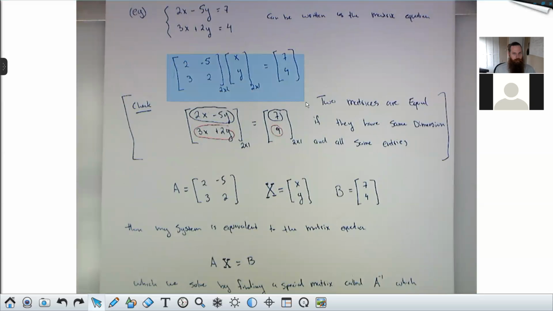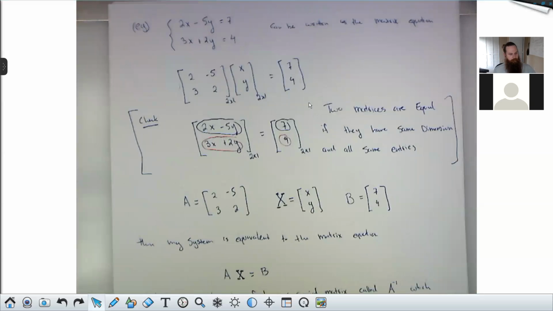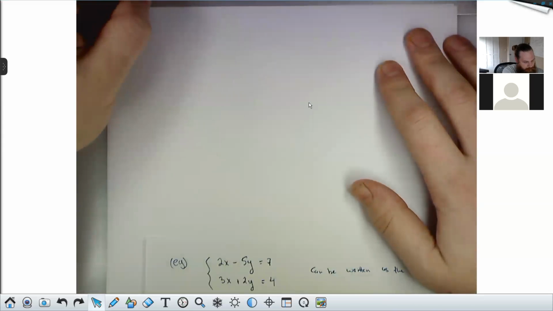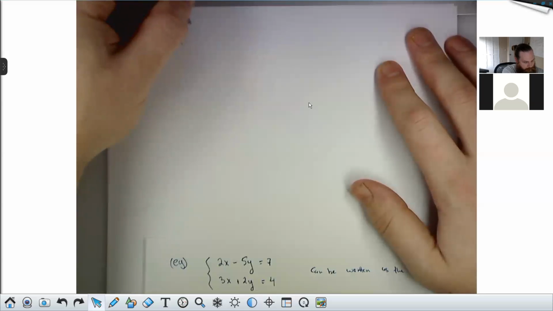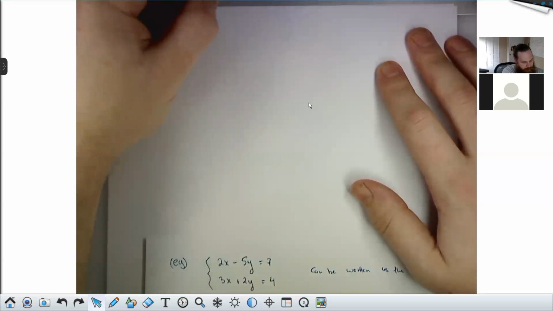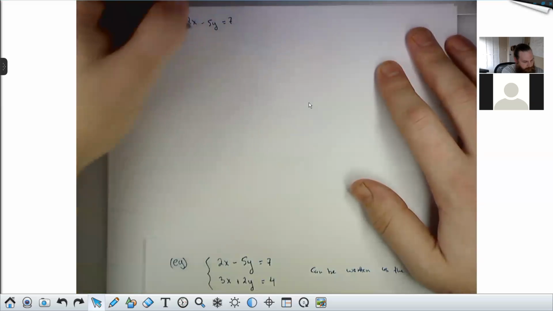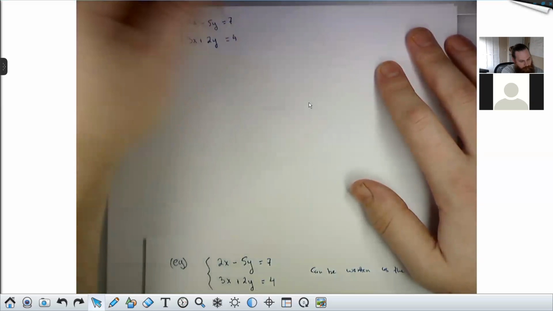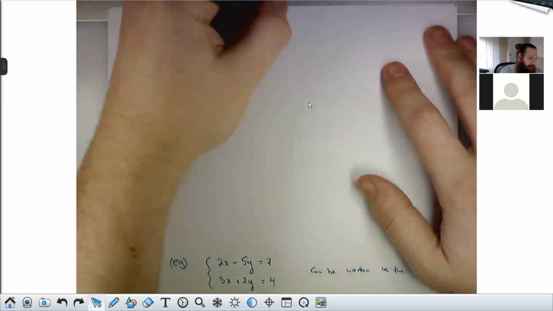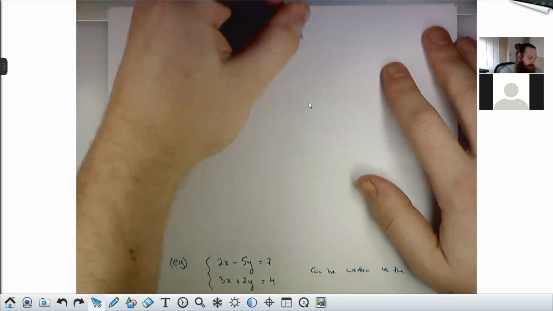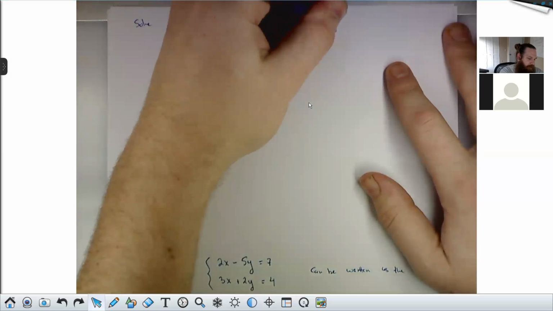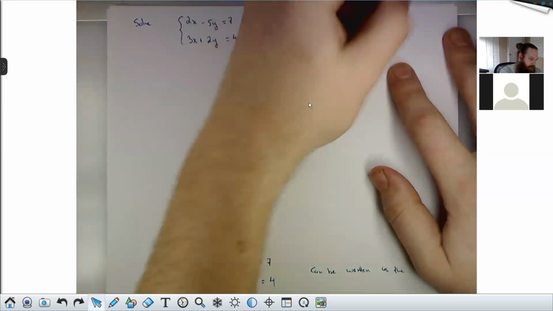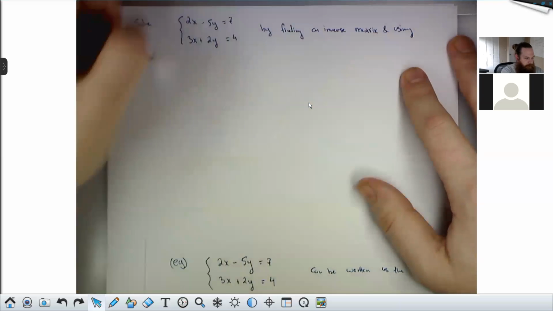I'm going to begin by writing it like this. So here, solve 2x minus 5y equals 7, 3x plus 2y equals 4 by finding an inverse matrix and using matrix multiplication.